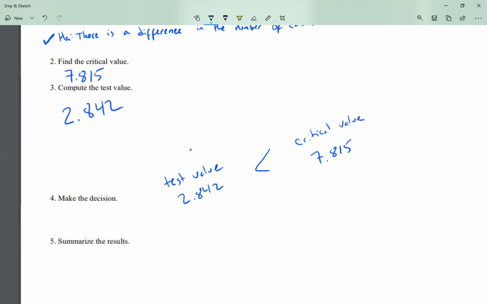Well, my critical value is bigger. Now, because my critical value is bigger, I cannot reject the null hypothesis. Okay, so I'm going to make a decision. Do not reject the null hypothesis.